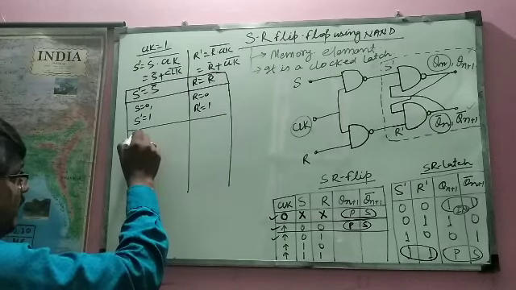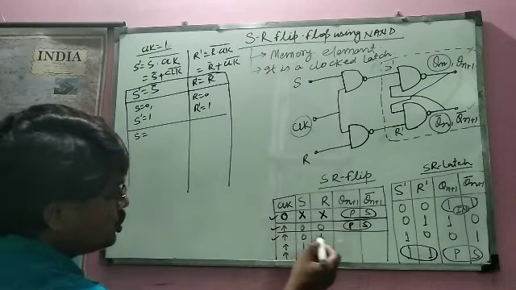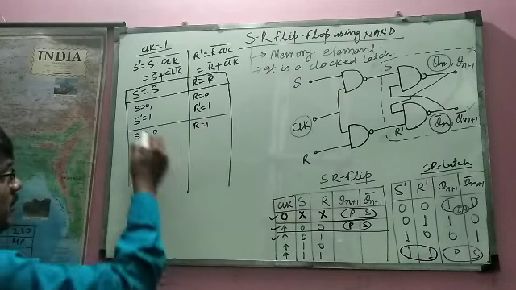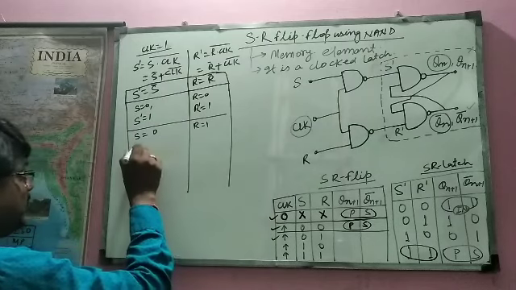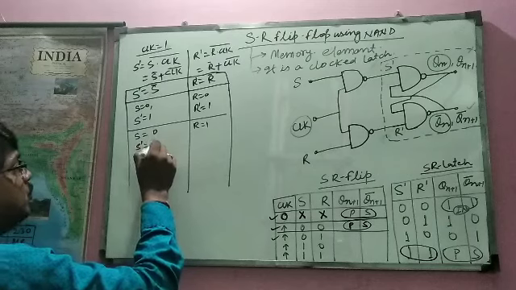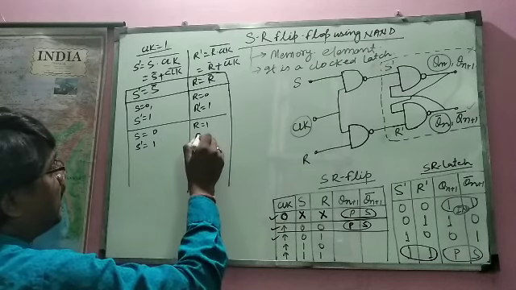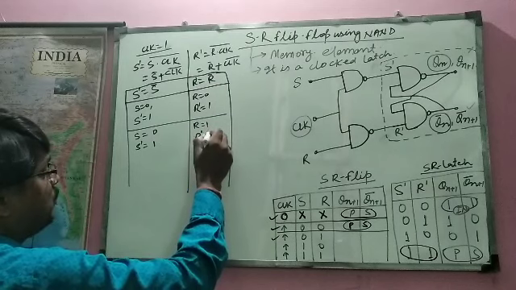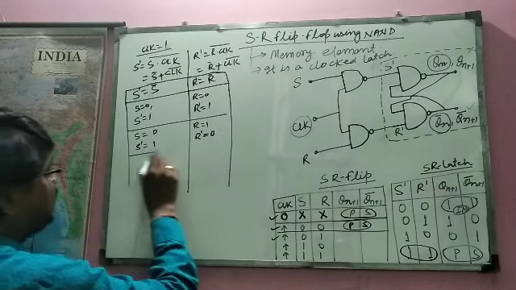So take here S equal to 0 and R equal to 1. What will be the value of S dash and R dash? Just calculate from here. S dash is equal to S bar, that means 1, and R dash is equal to R bar, the complement of this one, that is 0. That is very simple.